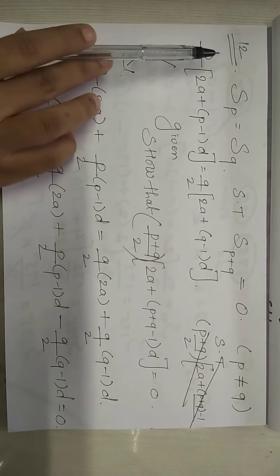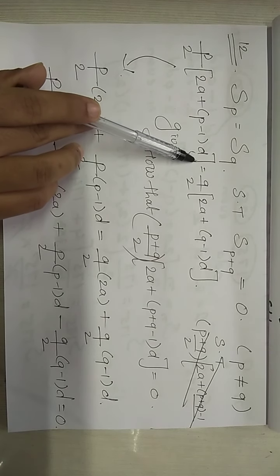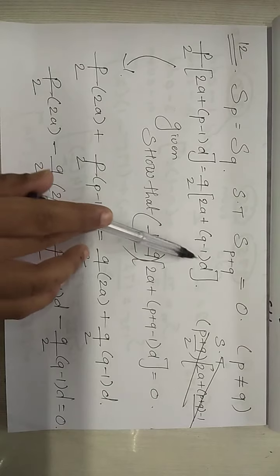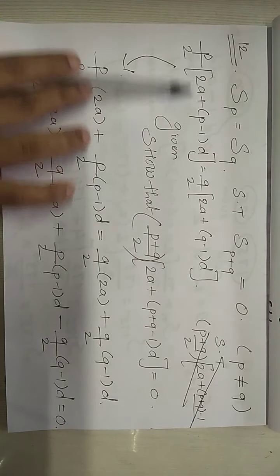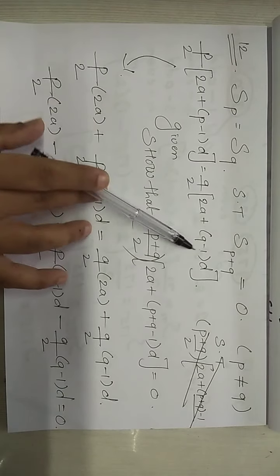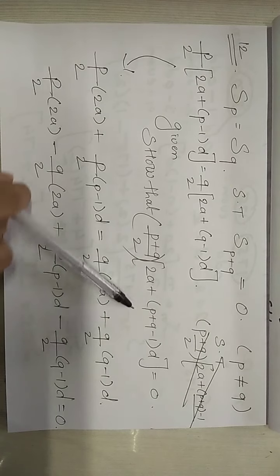So Sp will be p upon 2 times (2a plus (p minus 1) into d). Similarly Sq will be q upon 2 times (2a plus (q minus 1) into d). So these are the two LHS and RHS. We need to solve them and we need to show that S of p plus q is equal to 0.